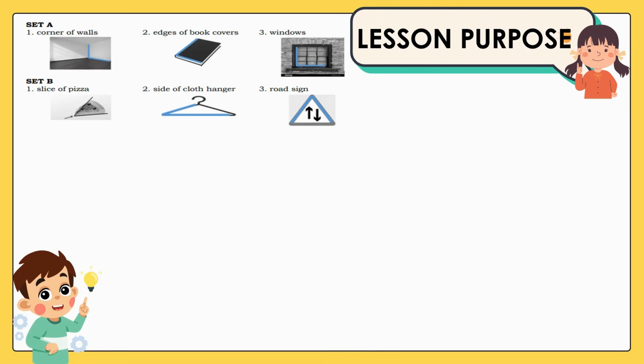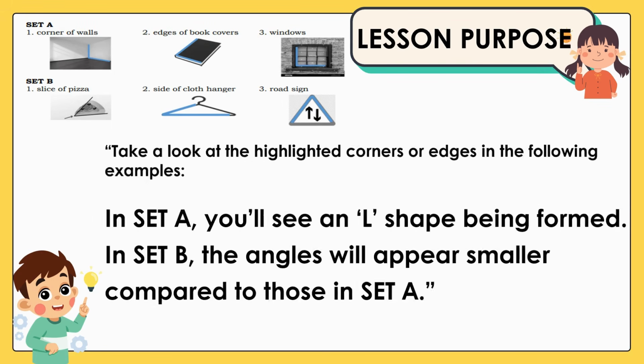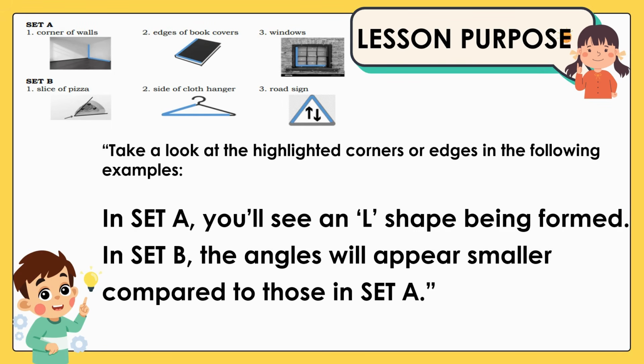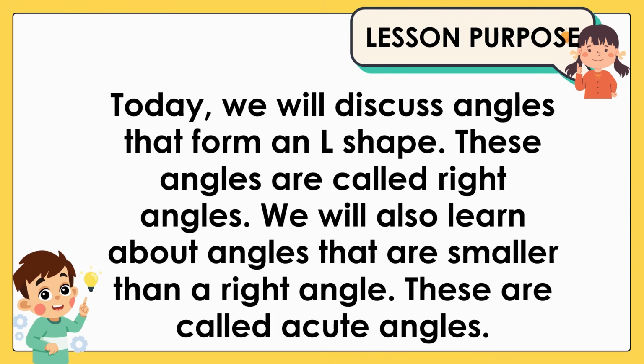By looking at the pictures of set A and set B, here's what we can get. In set A, you'll see an L shape being formed, while in set B, the angles will appear smaller compared to those in set A. Today, we will discuss angles that form an L shape.